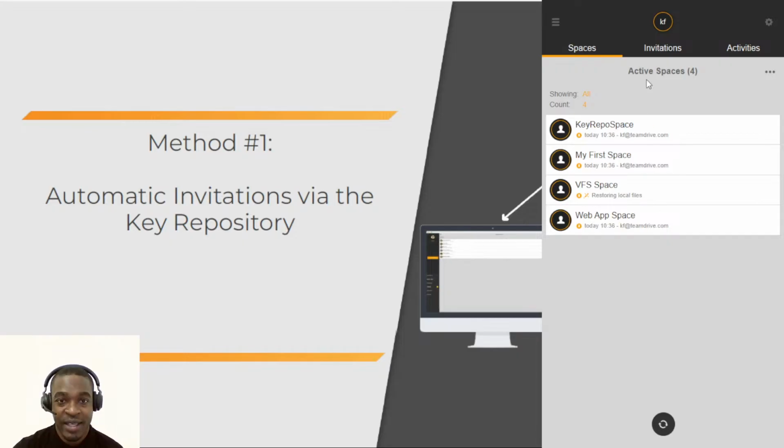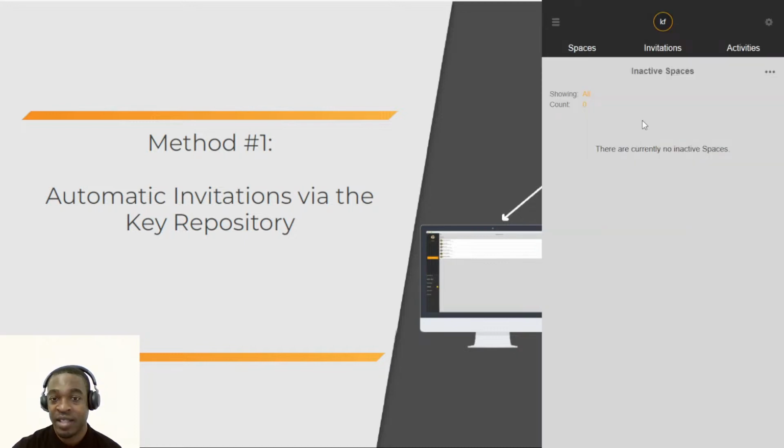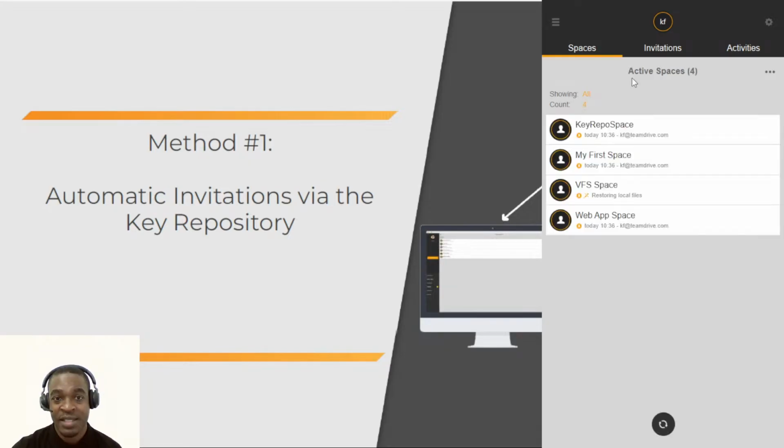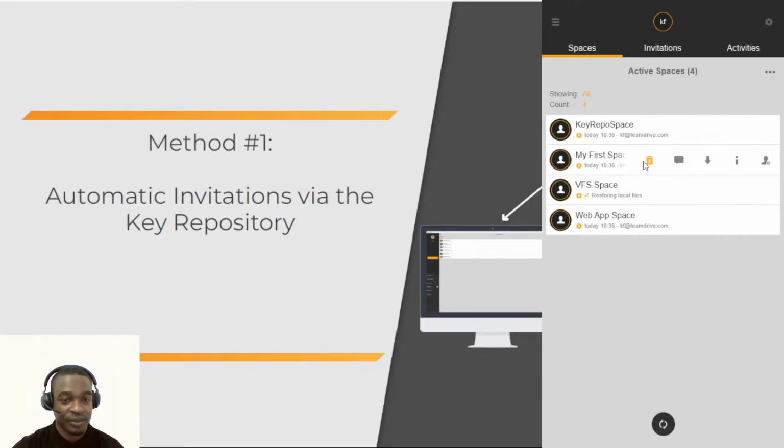And again, they will not appear as invitations, even though we call them invites. They will appear in your inactive spaces. So you need to go to your inactive spaces and activate them. Once you activate inactive spaces, you then see them in the active spaces section because they're now active, of course.